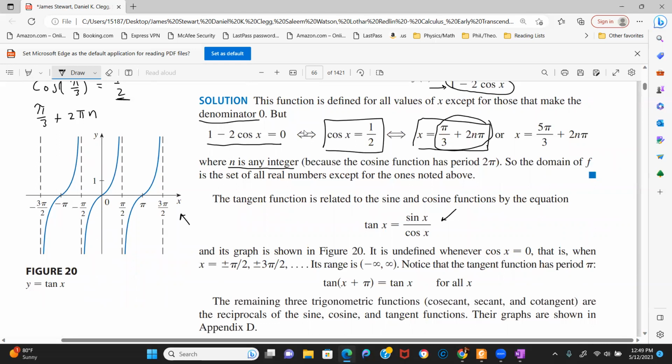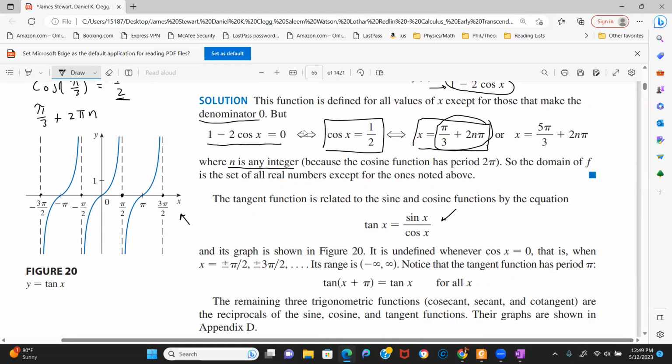There are going to be points where it's not defined, and these are the points right here: -pi/2, -3 pi/2, pi/2, 3 pi/2. We're actually going to have what are called asymptotes here. We'll talk about those later, but these are vertical asymptotes.